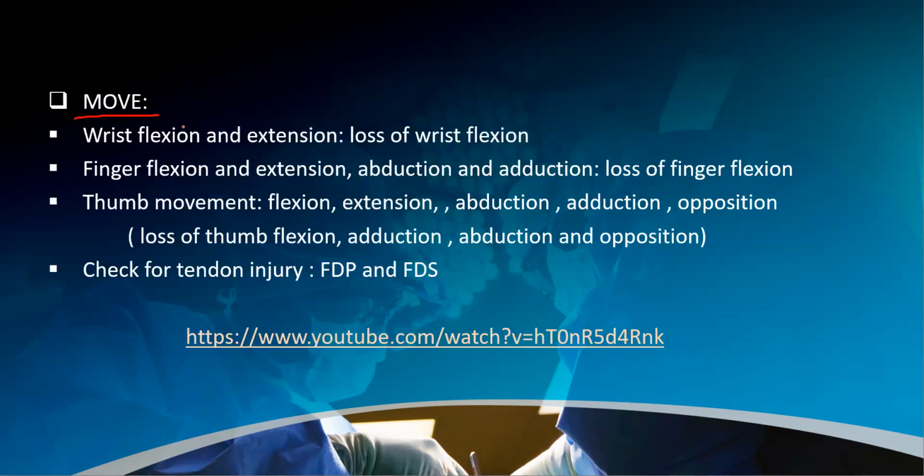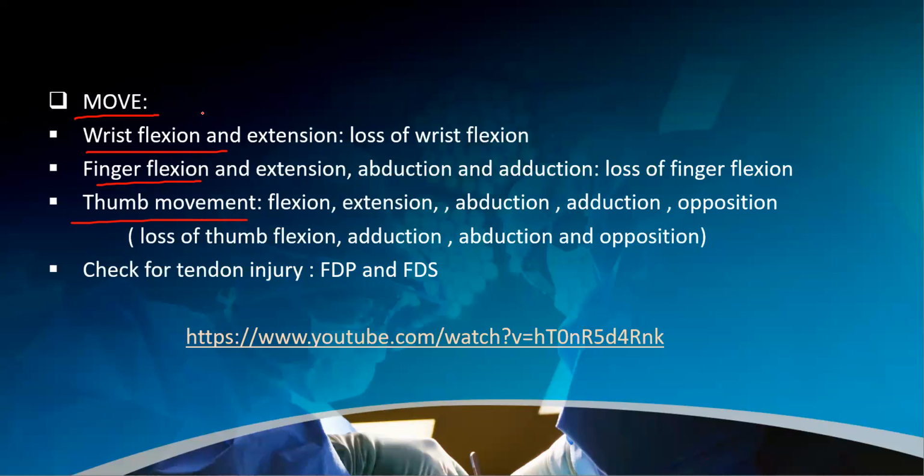So in the movement, you first show the medical student what are the movements of wrist, finger, and thumb. Then you say that these are the nerve supply of the hand. Show the median and ulnar nerve sensation. Then you start with one by one. So what are the wrist flexors? Flexor carpi radialis, flexor carpi ulnaris.